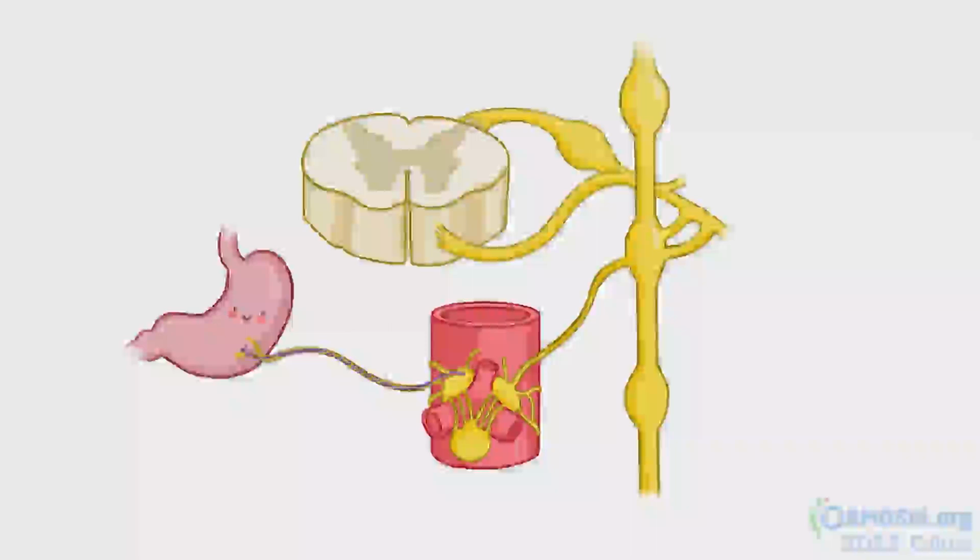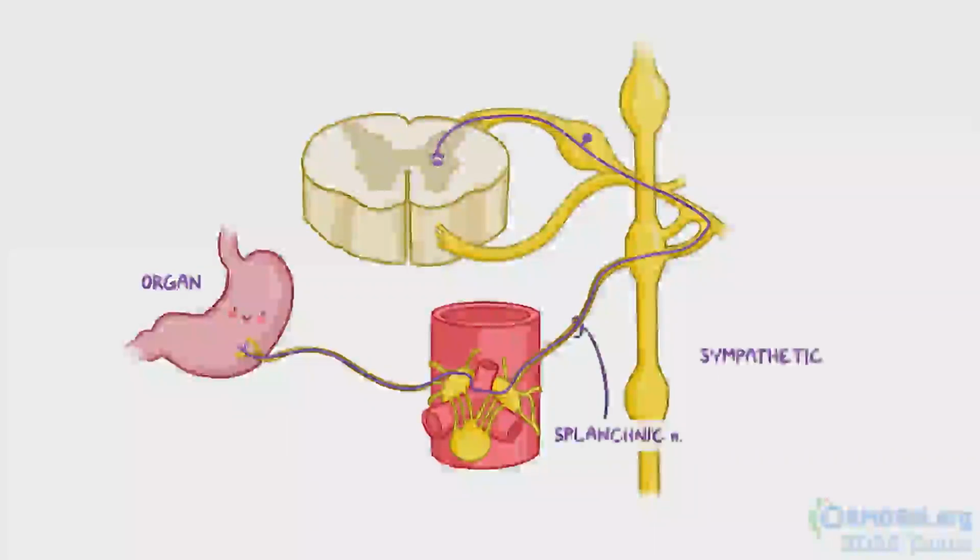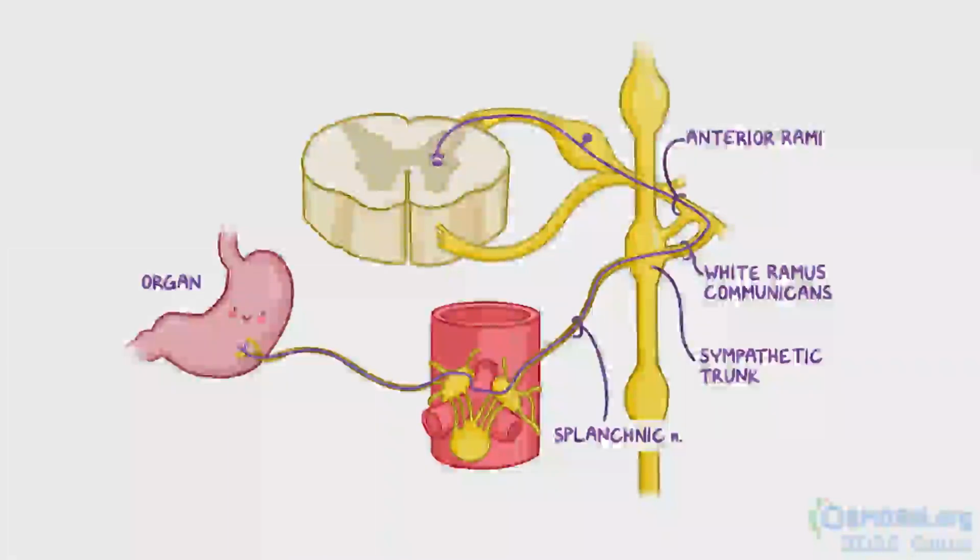This means that an impulse starts from the sensory receptors of a particular visceral organ, then passes along the splanchnic nerves to the sympathetic trunk, from where it moves through the white rami communicantes to the anterior rami of the spinal nerves. At this level, afferent fibers diverge from the regular course of the sympathetic fibers, because instead of taking the anterior route pathway, they pass through the posterior route to get into the spinal cord.